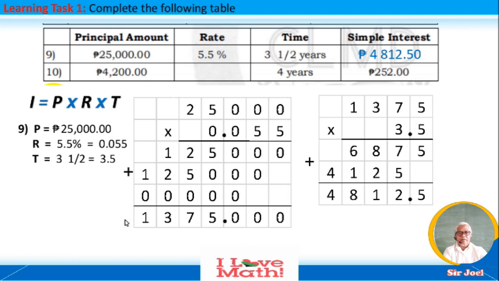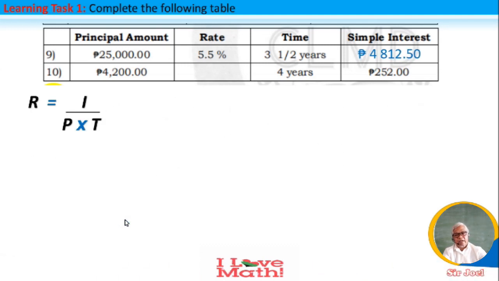Problem number 10. Since ang nawawala ay rate, our pattern or formula is what? Interest divided by the product of the principal times the time. Okay? So, tingnan natin. Our principal amount is 4,200 pesos. Makikikorek lang ha, napasobra ng zero answer. It should be 4,200 pesos.